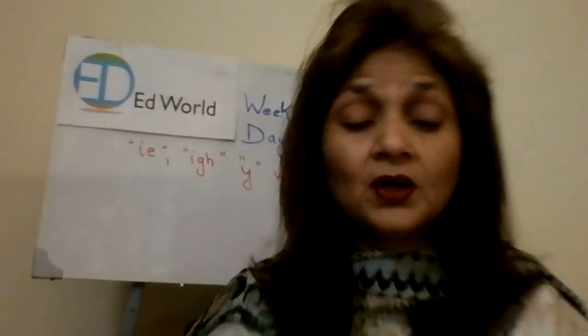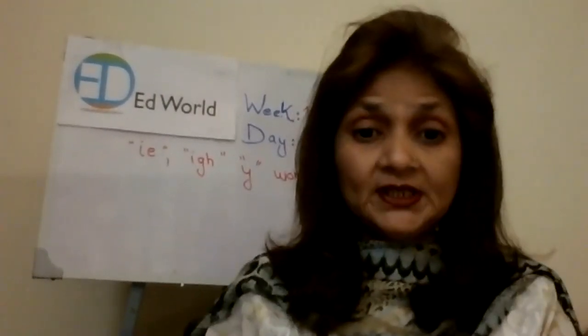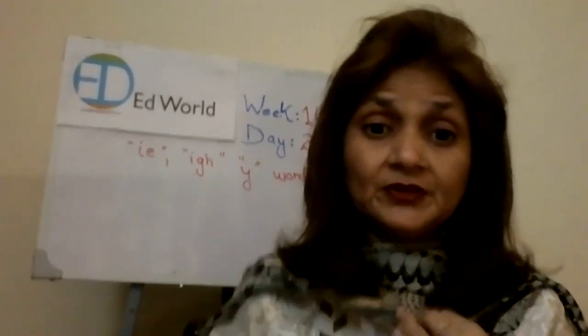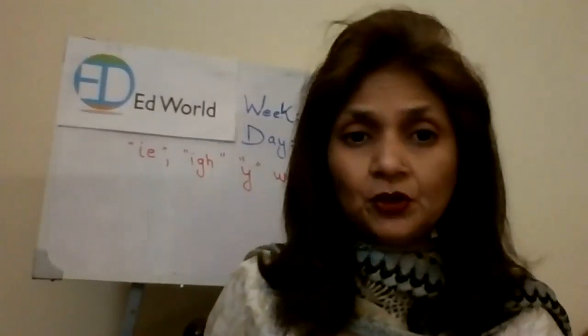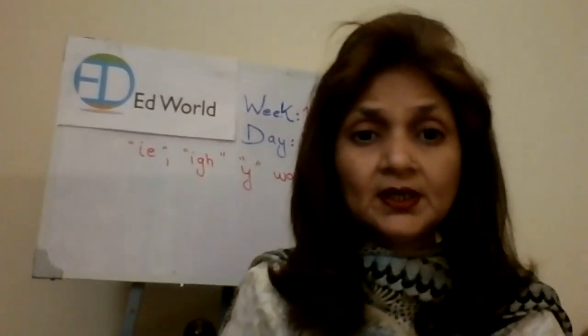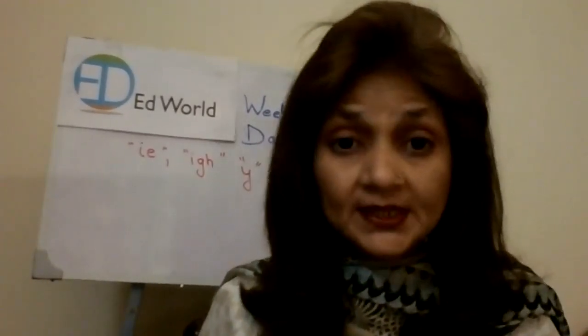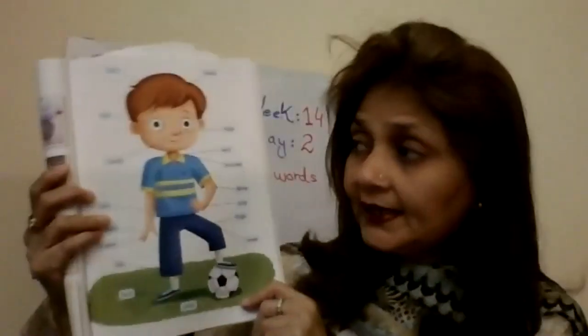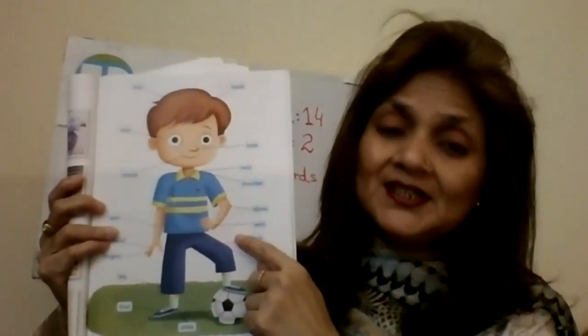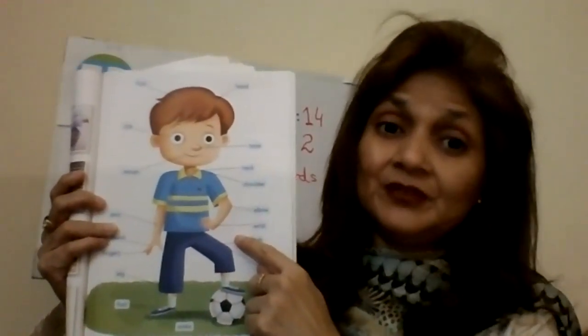So these were all the different body parts of yours, right? Now, I want you to open your Nelson English book and open page 64. You can see on this page, there is a boy and they have shown the different body parts of this boy.